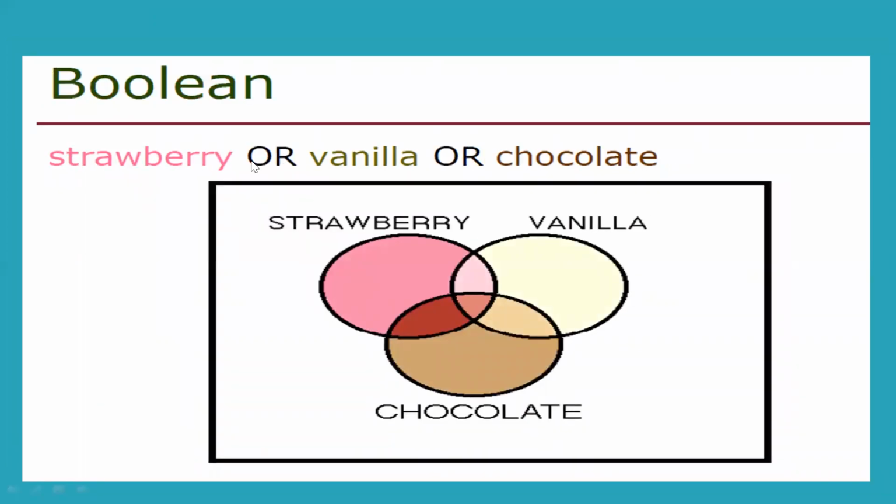Whereas when you put OR, that means if anything amongst these three keywords is there in the article, that will be reflected in the output. So all this shaded area will appear and the output will be huge.